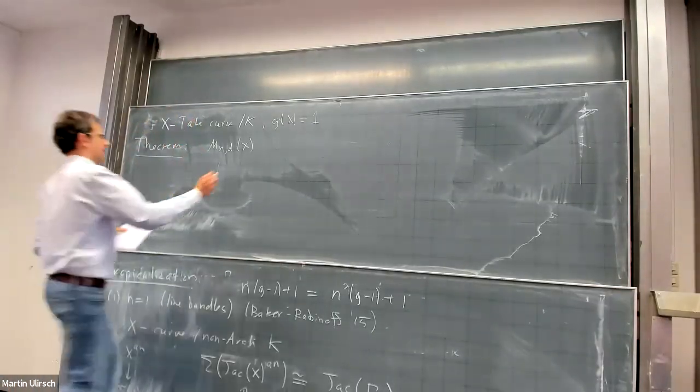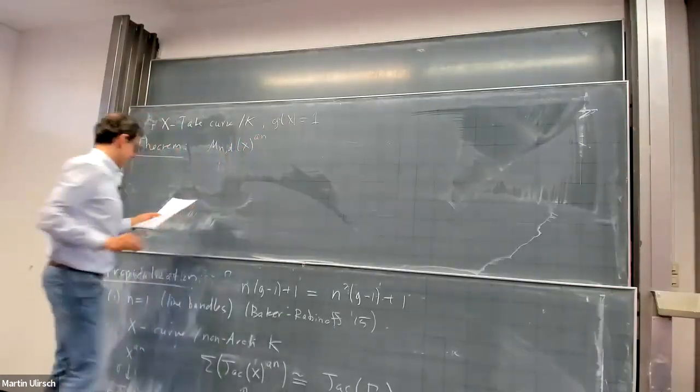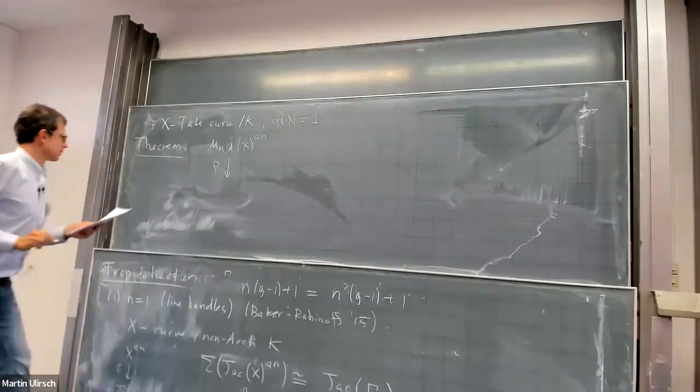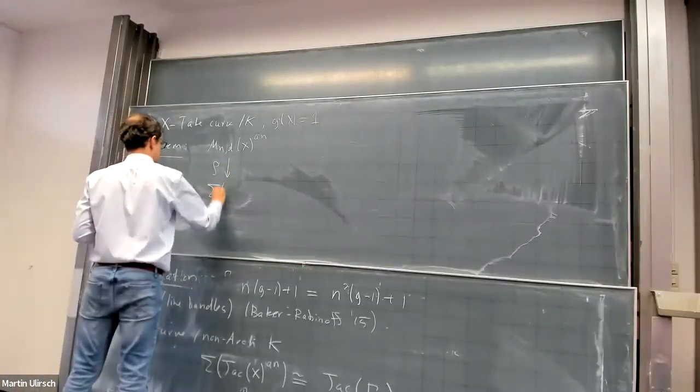So if I take X, this space, and I take its analytification, it has a canonical strong deformation retraction onto its skeleton.